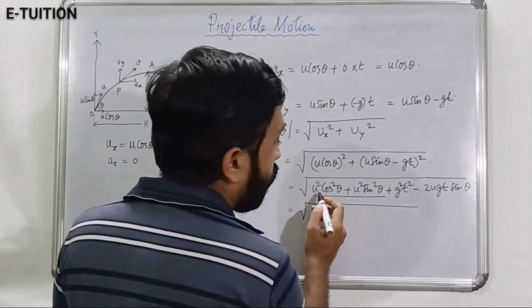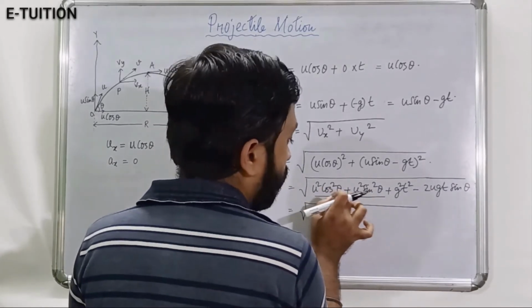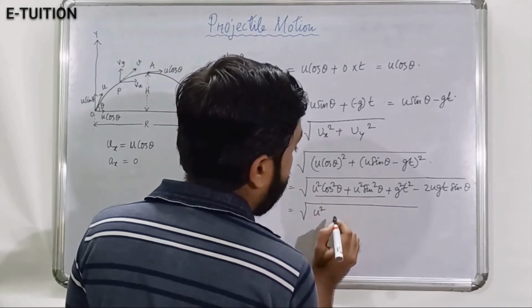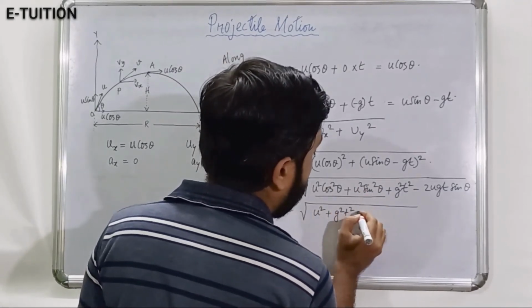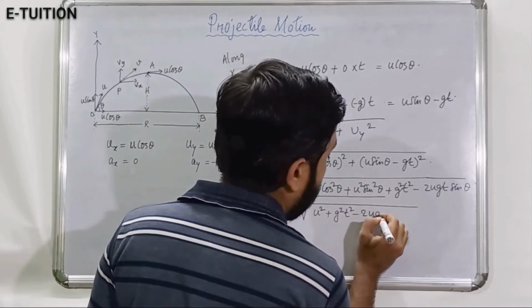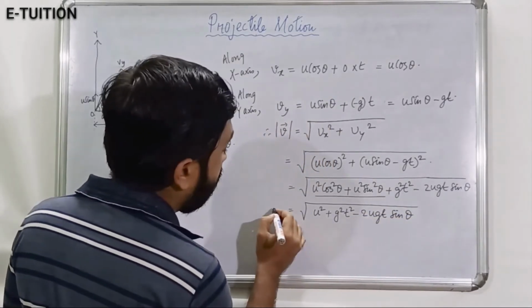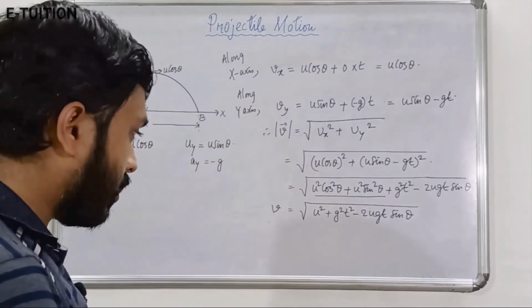If you take out u square as common from these two terms, all remaining inside is cos square theta plus sin square theta, which is 1. So all you are getting is u square from these two terms, plus g square t square minus 2u gt sin theta. This is basically the expression for velocity, which is asked sometimes in the examination.